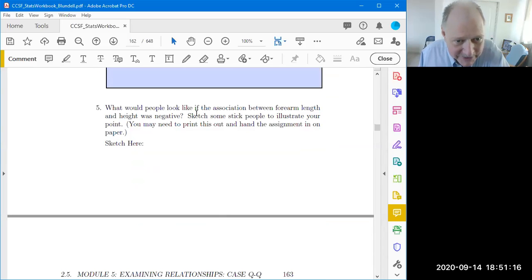So if the association was negative between forearm length and height, it's like your short person would have long forearms and your tall person would have short forearms.